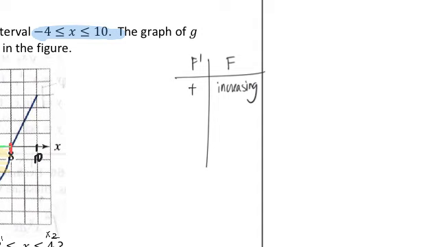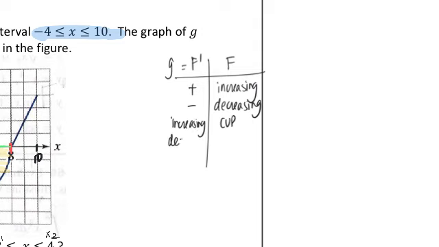Now remember, F prime is equal to g here. So that's when this graph you're seeing is positive, the antiderivative F is increasing. If g is negative, if big F prime is negative, then F is decreasing. If F prime is increasing, right, then F is concave up.